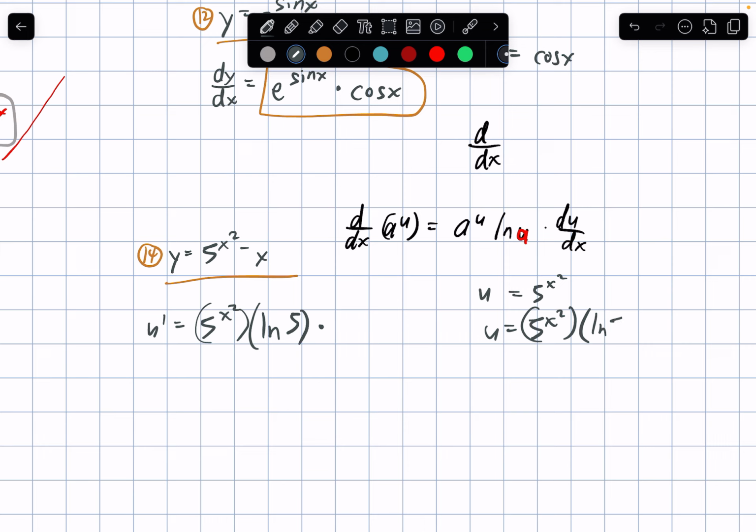A is 5 raised to x. Times 2. Okay. Oh, sorry. A is just 5. The U is gonna be just... Oh, okay. You can rewrite this one as 5 raised to 2x.